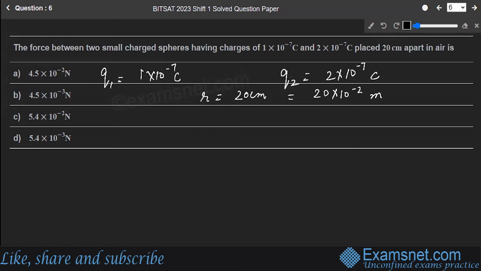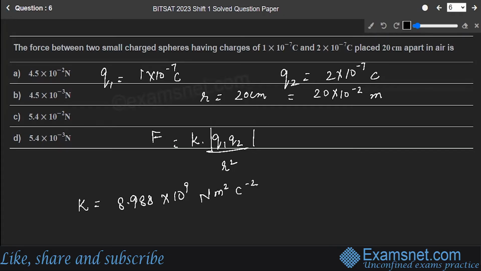Now the force between the two charged particles is given by K into Q1 Q2 divided by R square. Here K is the constant, approximately 8.988 into 10 power 9 Newton meter square per coulomb square, which I'll say is approximately 9 into 10 raised to power 9.